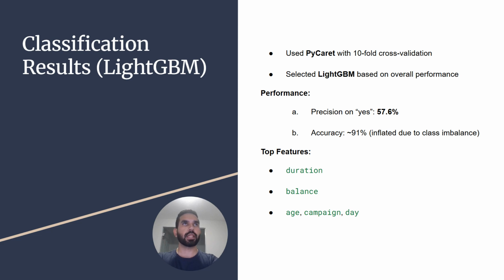in the classification. And one thing to note is that, like mentioned earlier, the data is inflated towards non-subscribers. So there's only a very few subscribers in the data set. So I received very high metrics for most of the models when using PyCaret, and this is mainly because there's a class imbalance.